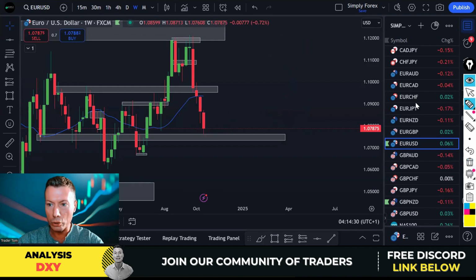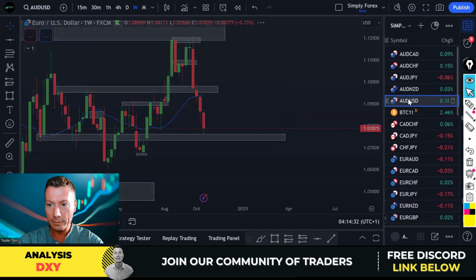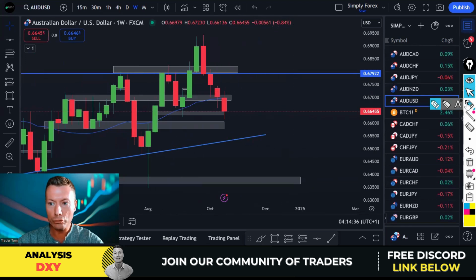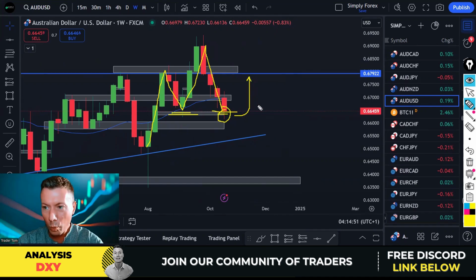If I showed you Aussie dollar US dollar, again, we are literally at the last weekly low. We're getting a bit of a bullish reaction so far, but we're at this weekly low. So we can expect, especially at a weekly level, guys, this is a buying level. There will be buyers in there.